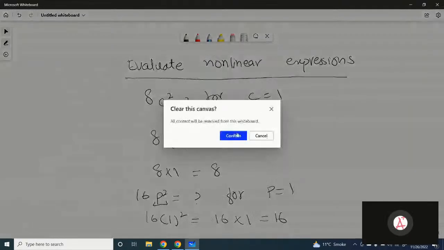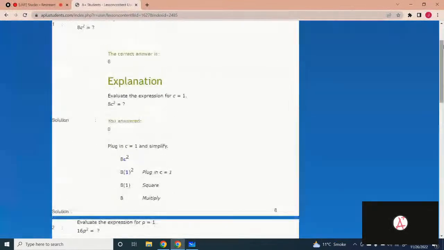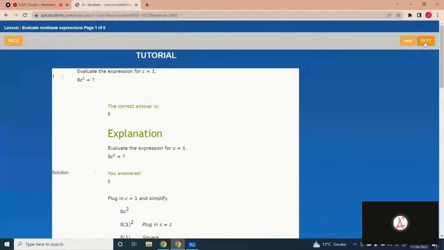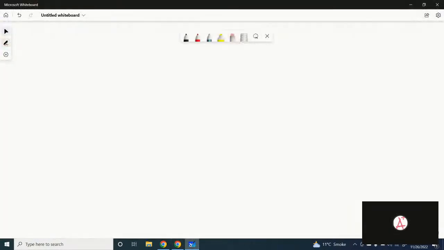Okay, let's start with the test of the lesson, not the final test, sorry. It would be the test of the lesson, evaluate nonlinear expressions. Okay, you have to evaluate for p equals 4. You have to calculate p square. P equals 4, and you have to calculate the value of p square.